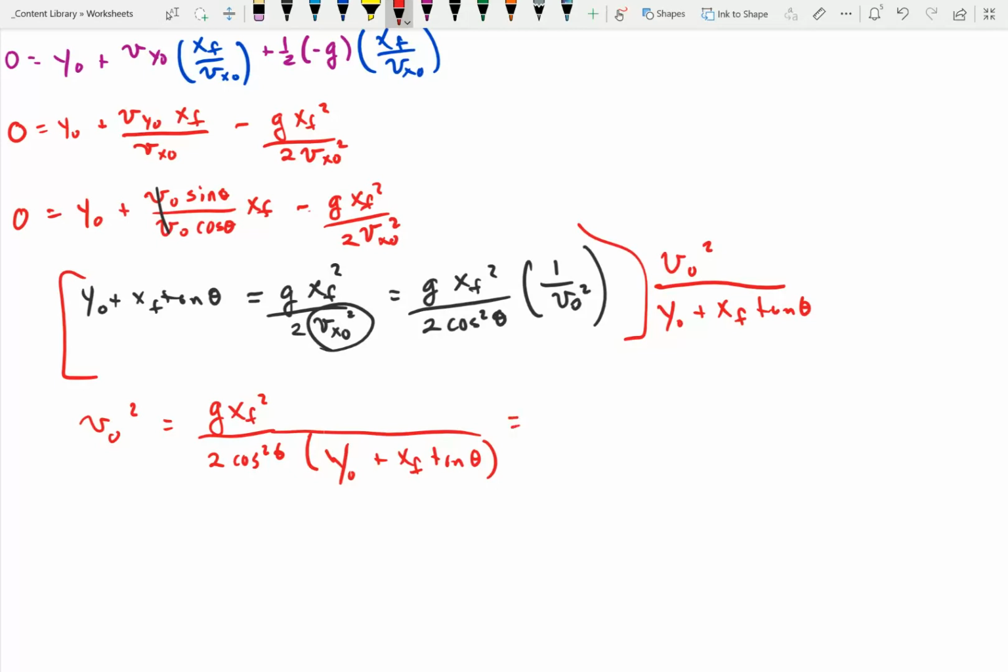And assuming that I did all of my work right, that's 9.8 times 1575 squared divided by cosine of 35 degrees squared times 2. Doesn't make a difference in my answer. Times 55.3 plus 1575 tangent of 35.